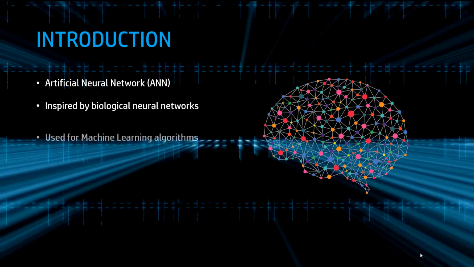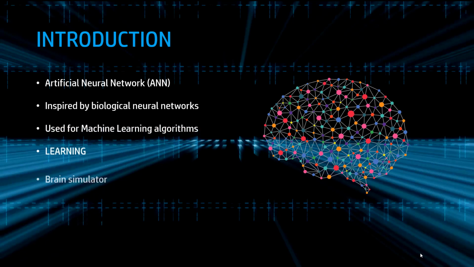So, introduction. What is an artificial neural network? As I said, they are computer systems inspired by biological networks that constitute brains. They are used for machine learning algorithms, as I said, and the most important fact is that they learn. They have an artificial learning process that we create with computers.